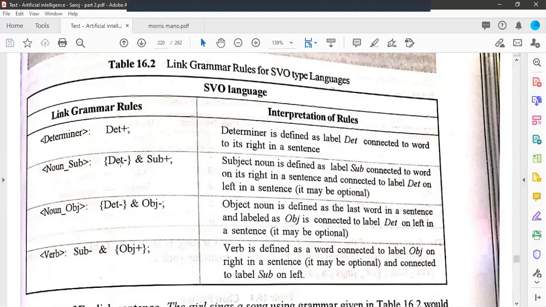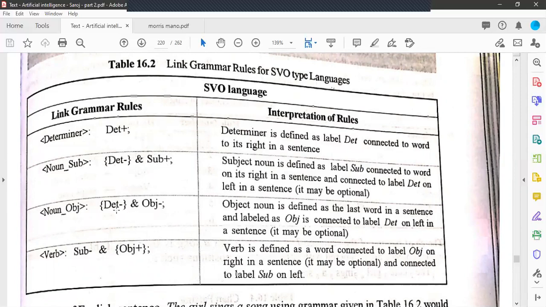Something which is right is plus. Minus is to left. So there is a subject which follows a word on its right. Also it has a determiner to its left, which is optional, and both are combined, joined by using the conjunction ampersand.